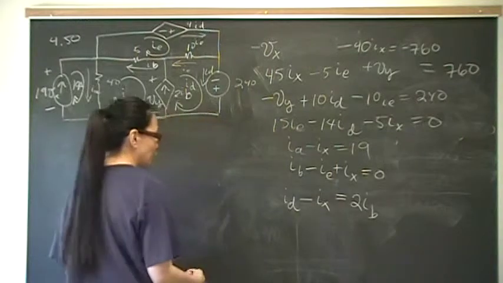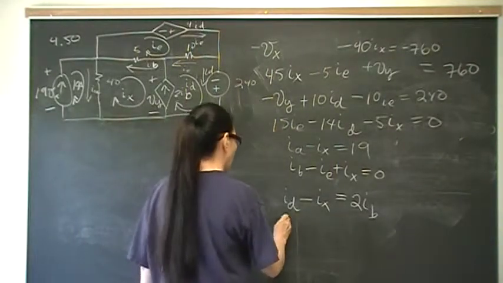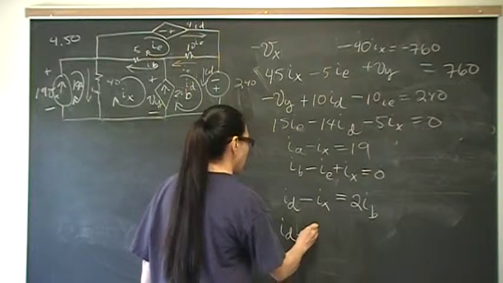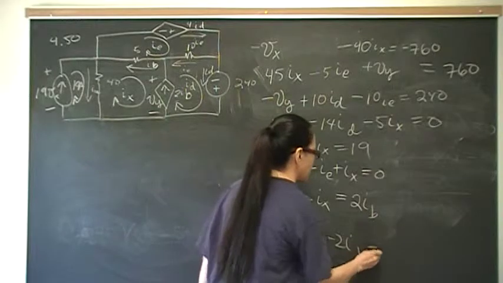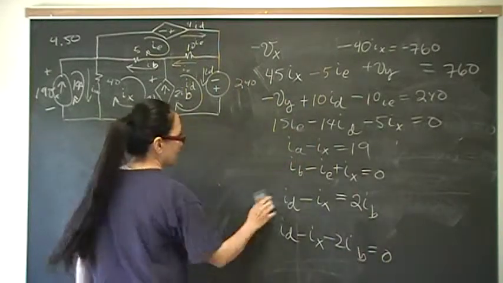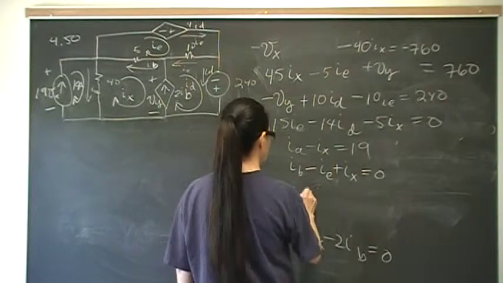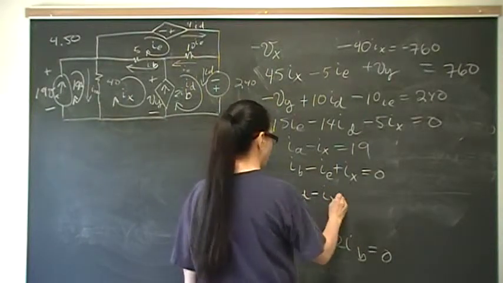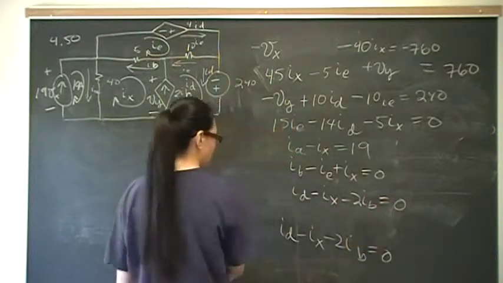That's that constraint equation. We're going to put everything on the other side. So we're going to go ID minus IX minus 2IB is equal to 0.